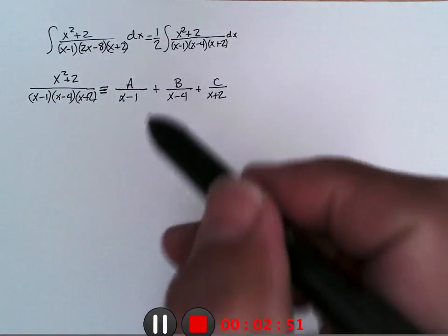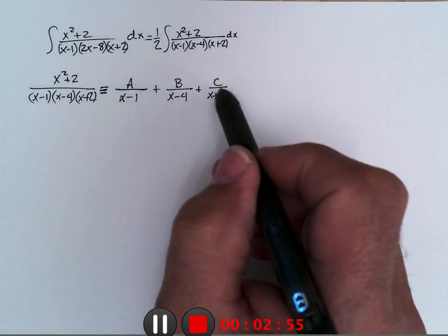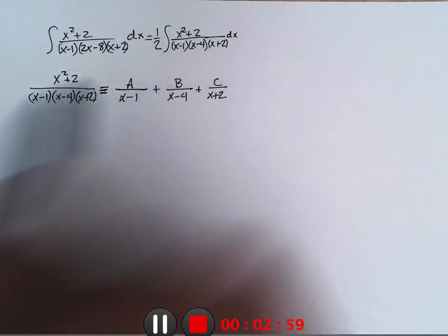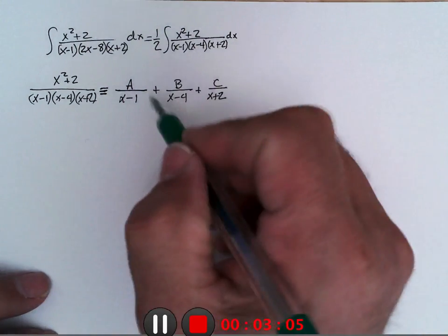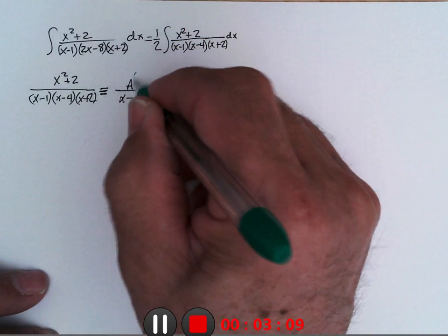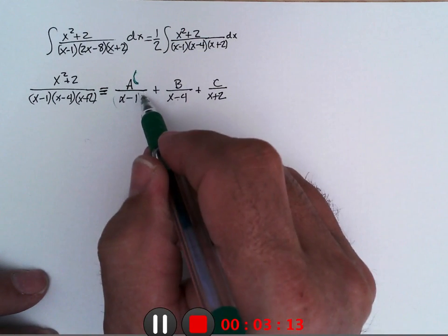Then if we were to add these together, we would have to get a common denominator, which means we'd have to multiply the first one by, let me get a different color here, these two multiplied. I'm going to write here what we would have to multiply the numerator and the denominator by, but I'm just going to show the numerator part.